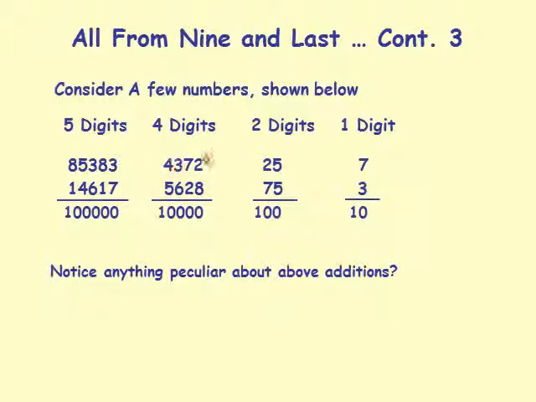When I use all from 9 and last from 10 to compute the second number from the first and add them together, I'm supposed to get 1 followed by zeros, just like in these examples.